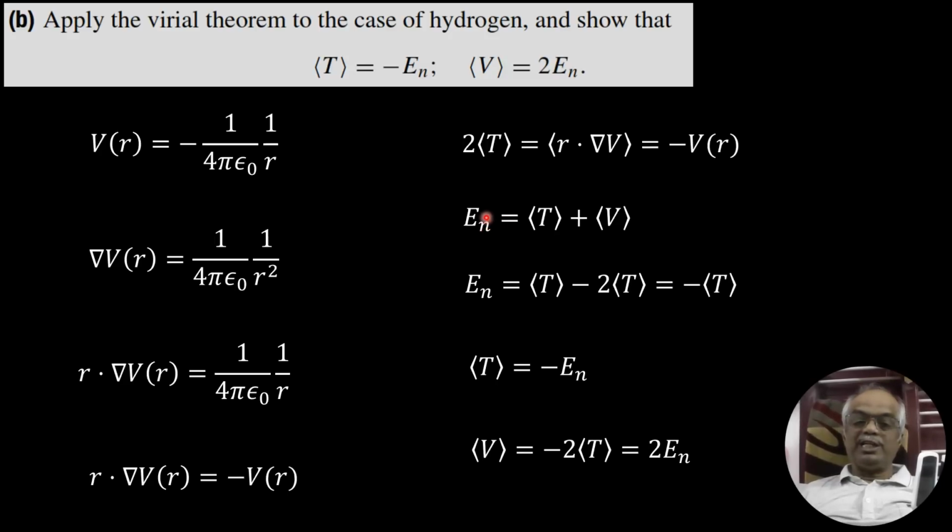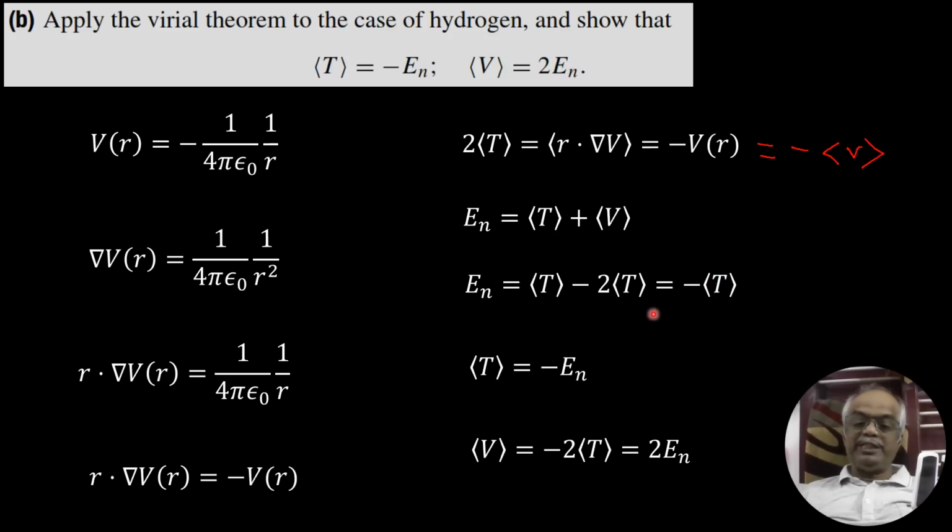Then what is the total energy E_n? It is equal to the kinetic energy plus the potential energy, that is, the expectation value of T plus the expectation value of V. So minus the expectation value of V is 2 times the expectation value of kinetic energy, or the expectation value of V is equal to, you bring this negative sign to the other side, minus 2 times the expectation value of T.